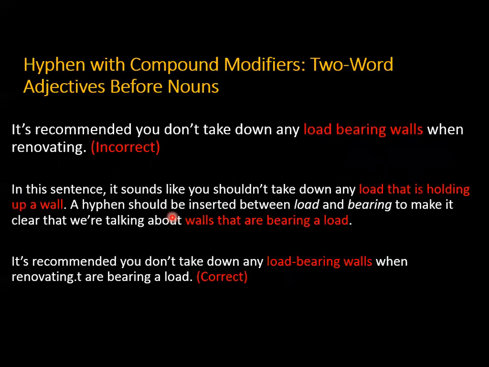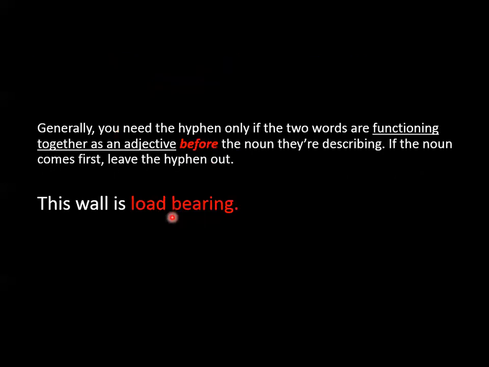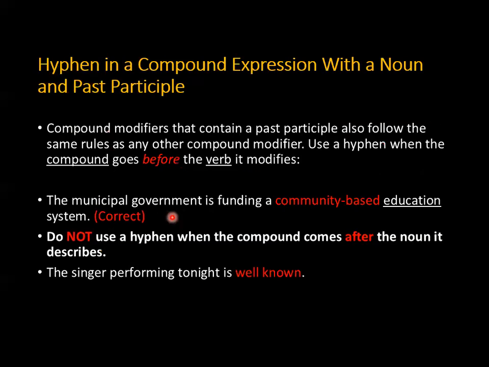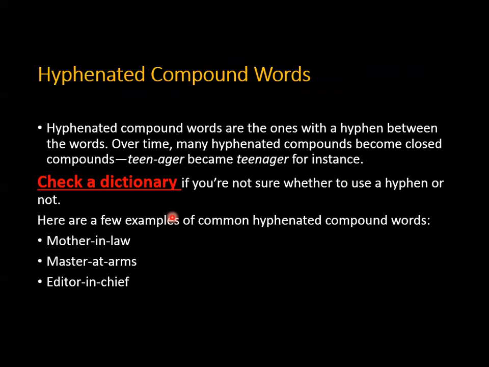We use it when we join two words together to describe a noun. We have different types, like a hyphen with a noun, adjective, and adverb, and the present participle. We also have them with a past participle. And we talked about hyphenated compound nouns.